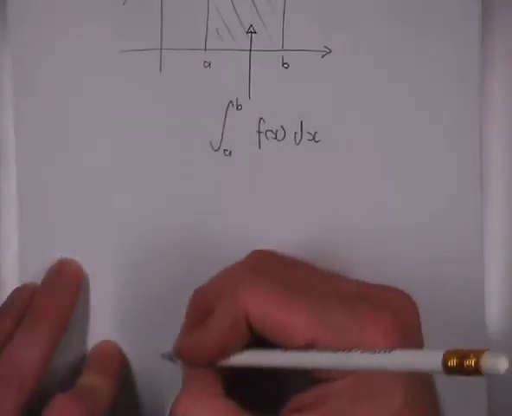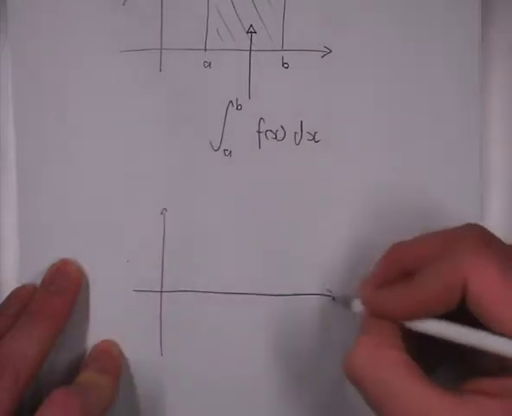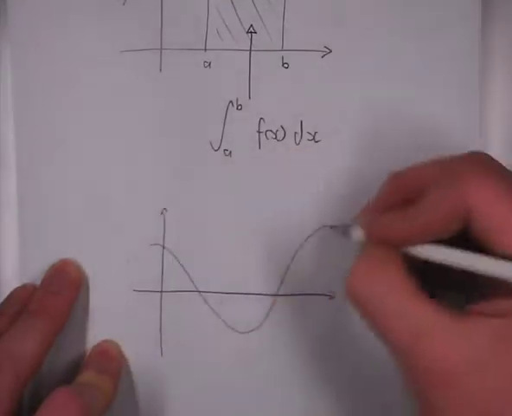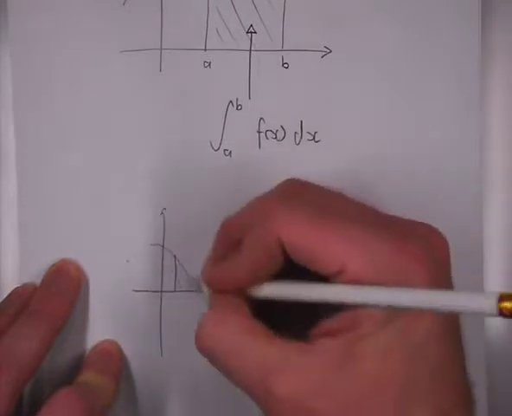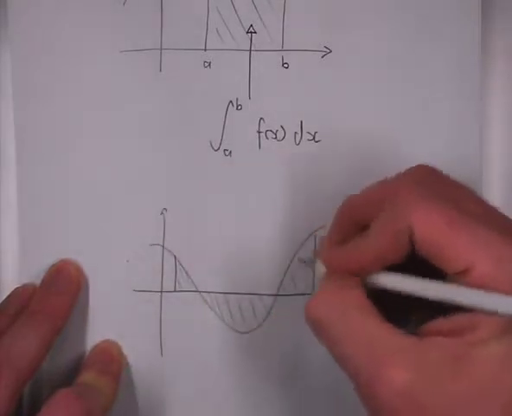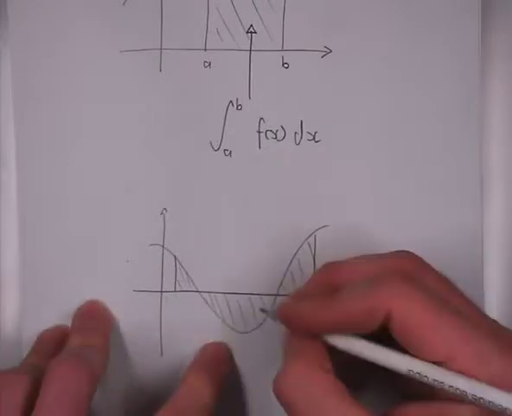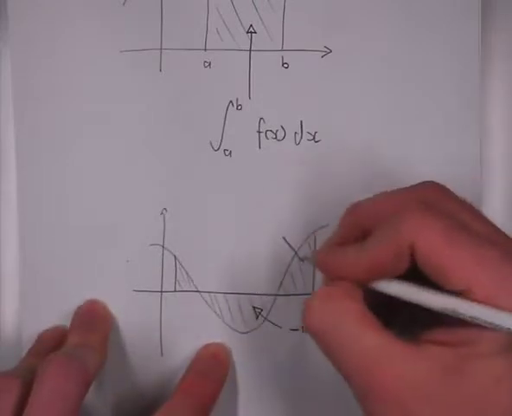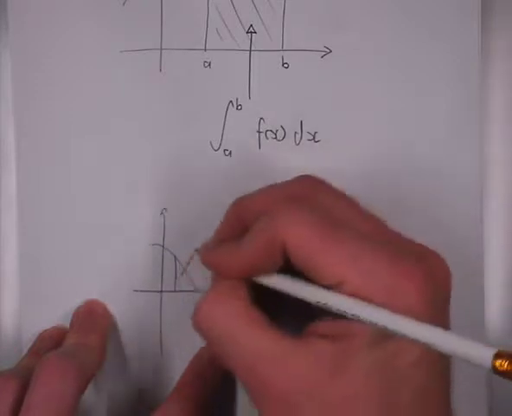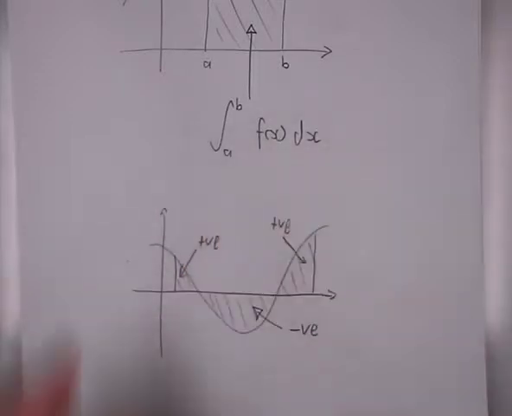Except it's worth pointing out that if your function goes below the x-axis, or t-axis, or whatever it is, then if you do an integral from, say, here to here, then that part will count as a negative area, and these ones will be positive. So if the area is above the x-axis, it will count as a plus.